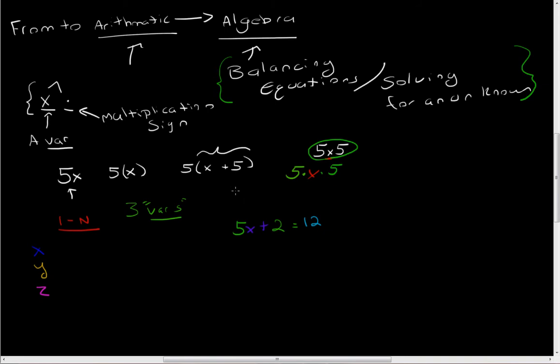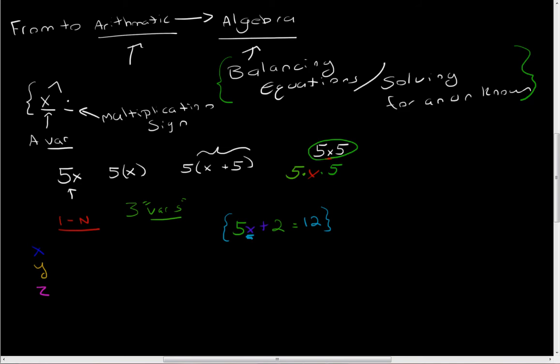In algebra, the concept to solve for this unknown is to make sure that we balance the equation, and whatever we do to one side, we do to the other side. It's very simple, but sometimes it can get confusing when you have a very long equation, when we get to later videos when we're talking about factoring.